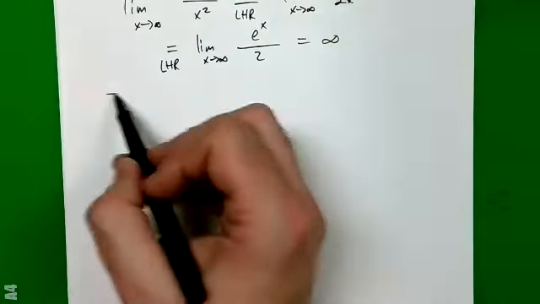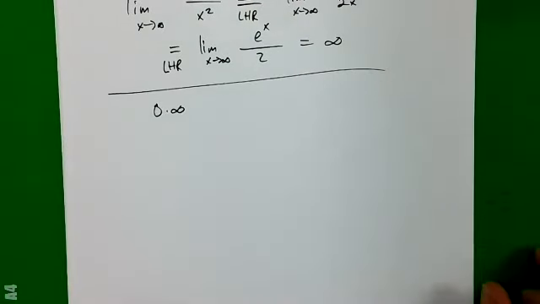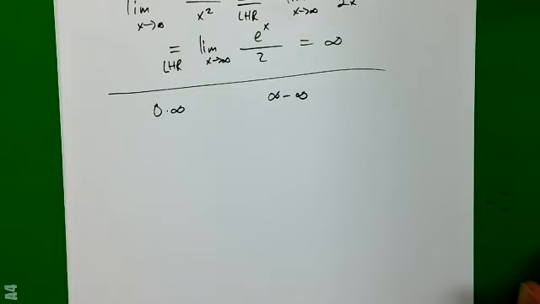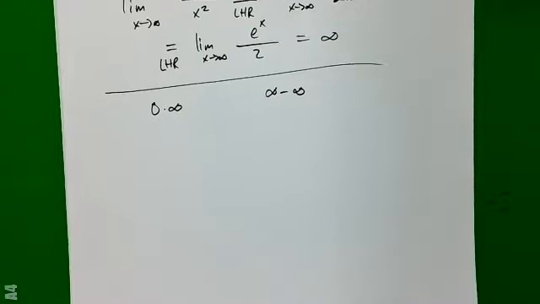Now, one of the other indeterminate forms is 0 times infinity, or infinity minus infinity. Sometimes we can do something to change them into an indeterminate form that we can do something with.